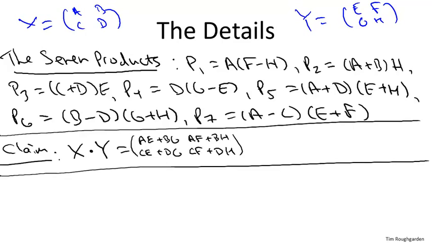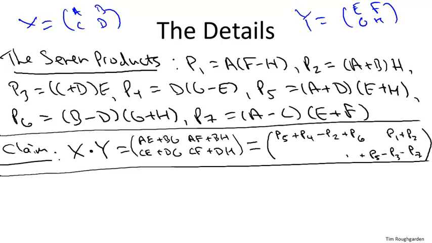So this we already know. So the content of the claim is that these 4 blocks also arise from the 7 products in the following way. So the claim here is that these 2 different expressions for x times y are exactly the same, and they're the same block by block. So in other words, the claim is that this crazy expression, P5 plus P4 minus P2 plus P6, where those are 4 of the products that we've listed above, is precisely AE plus BG.